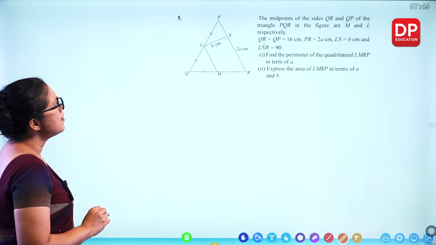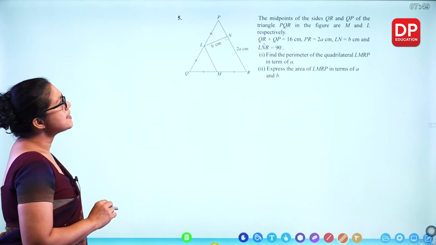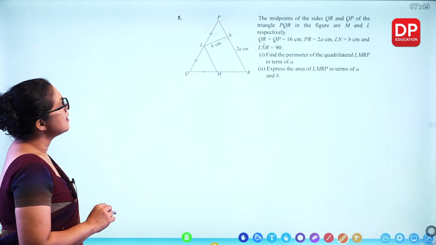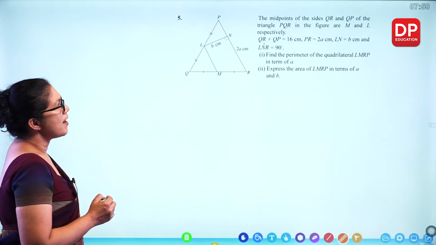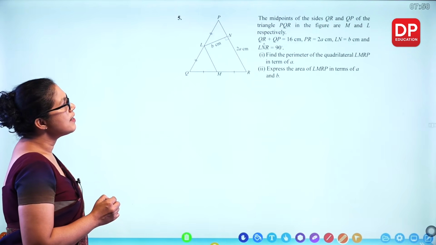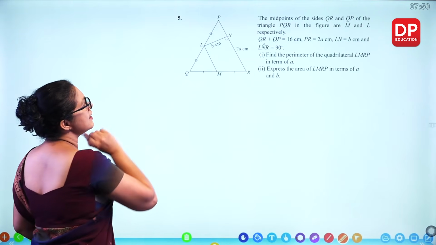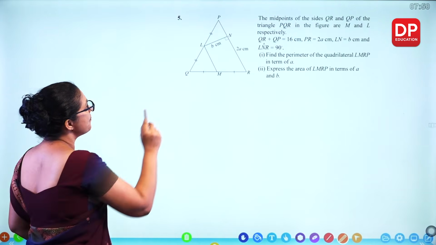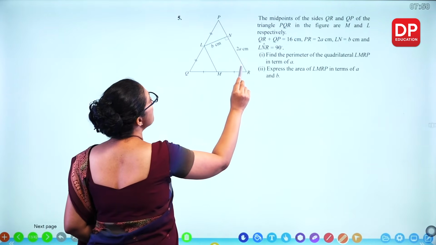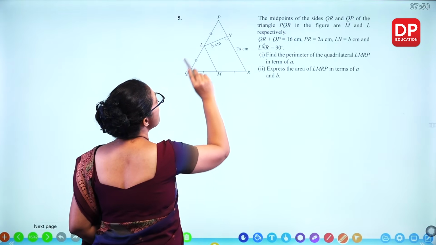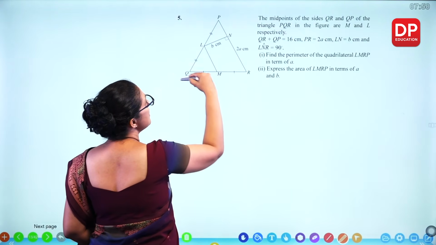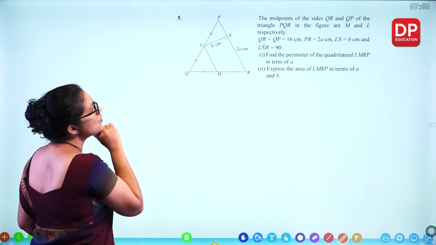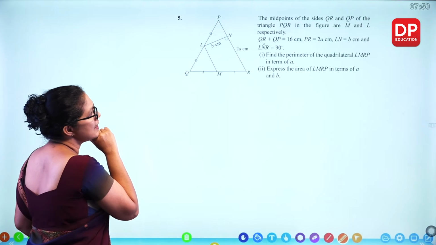Question number 5. The midpoints of the sides QR and QP of the triangle PQR in the figure are M and L. QR plus QP, these two lengths given 16 centimeters and PR is 2A centimeters.